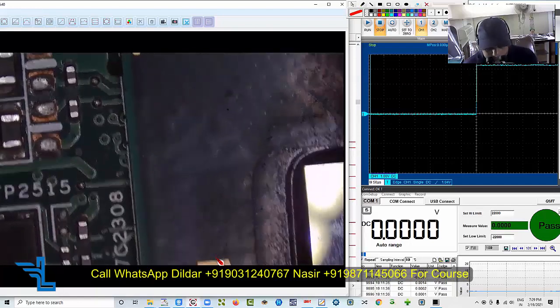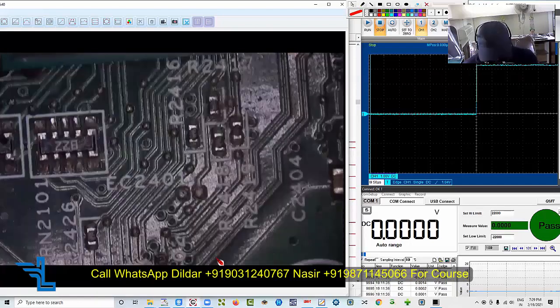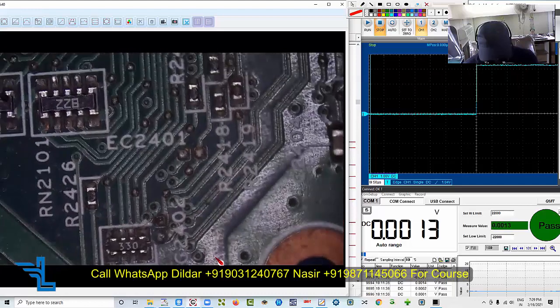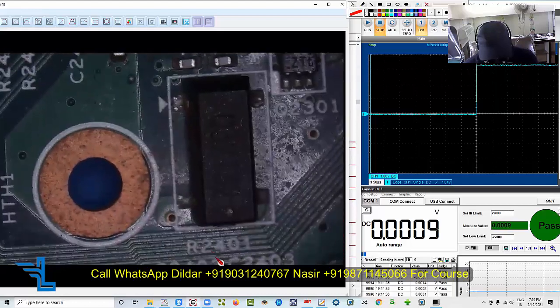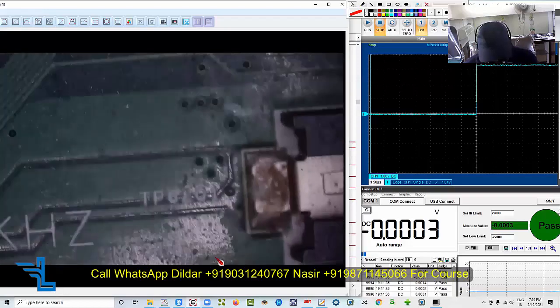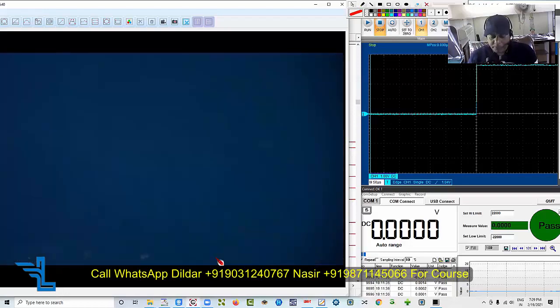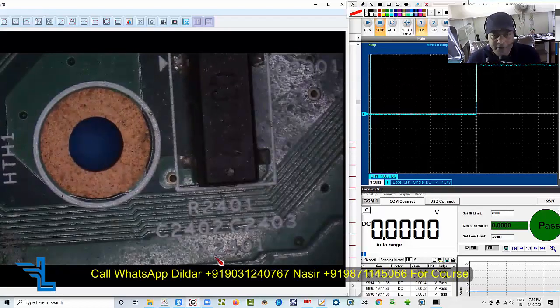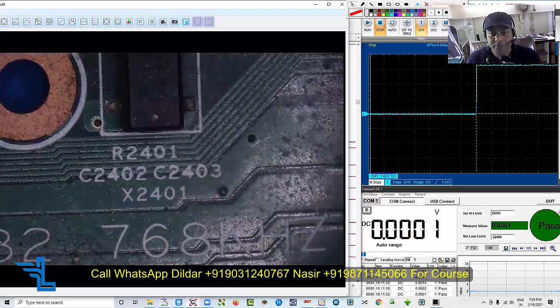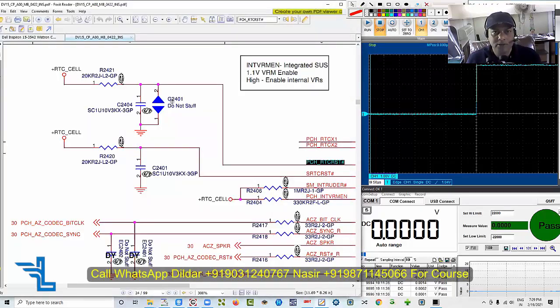Now it is not available. Okay, we are unable to find that G, the gap or the trackpad, we are unable to find.